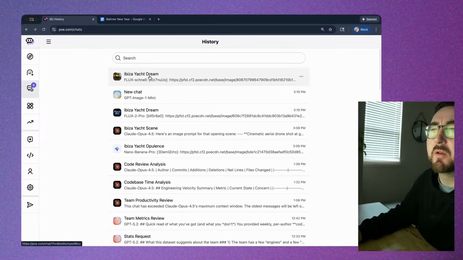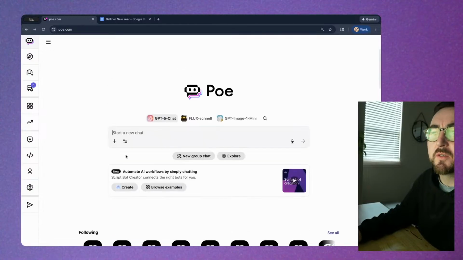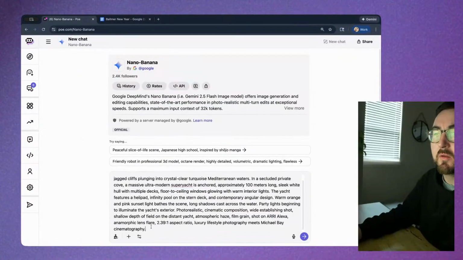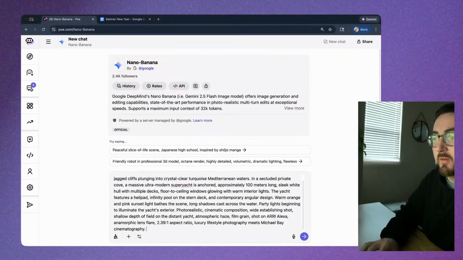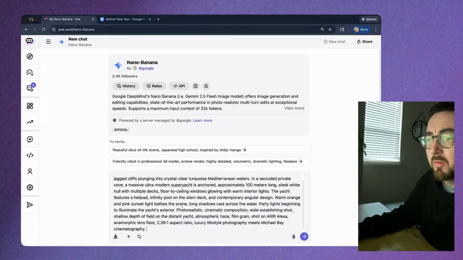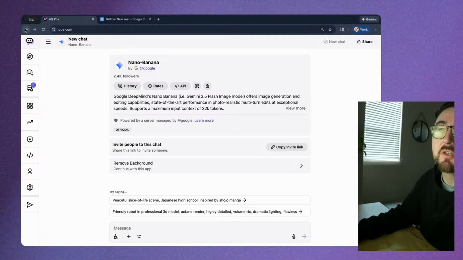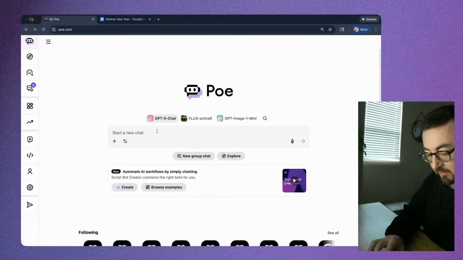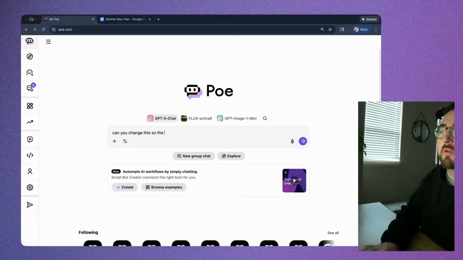This is still going. So let's try Nano Banana, just regular Nano Banana. I want it to actually change the prompt, so I'm going to go back to GPT-5 and change this so the yacht is in the ocean.